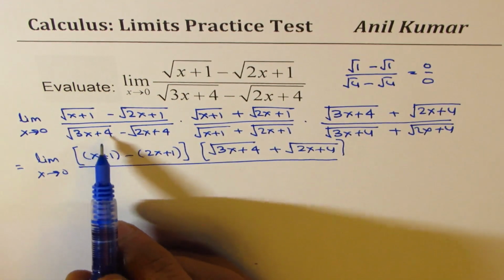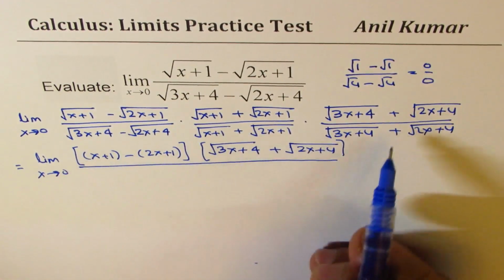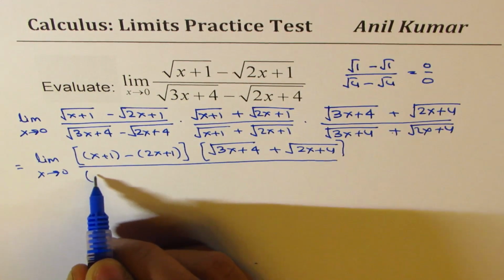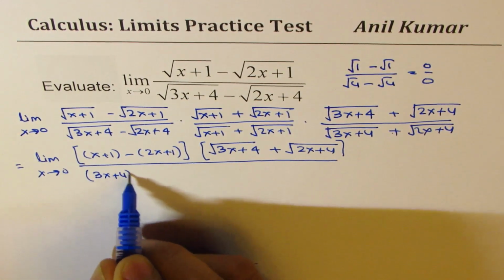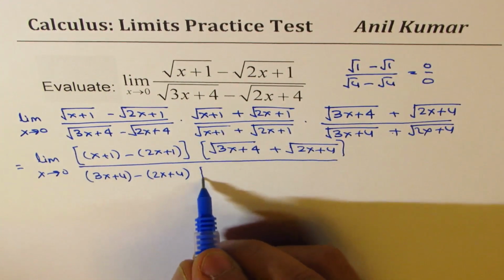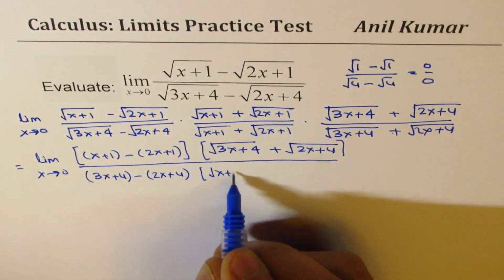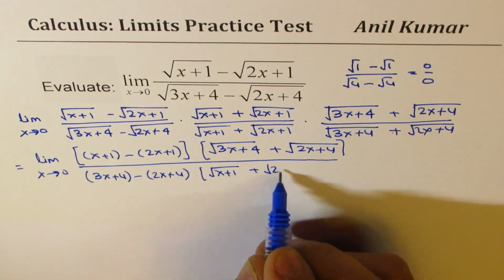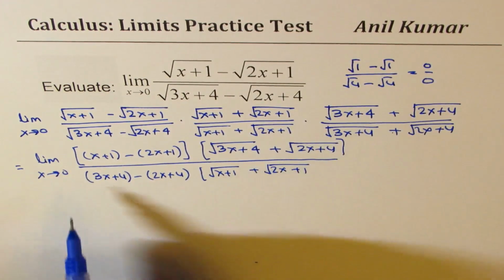Over, when we rationalize the denominator, that is multiply this with that, we get 3x plus 4 minus 2x plus 4, and we are left with square root of x plus 1 plus square root of 2x plus 1, correct?